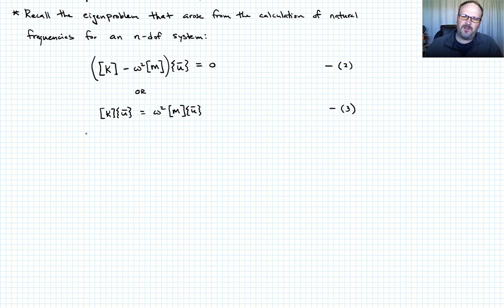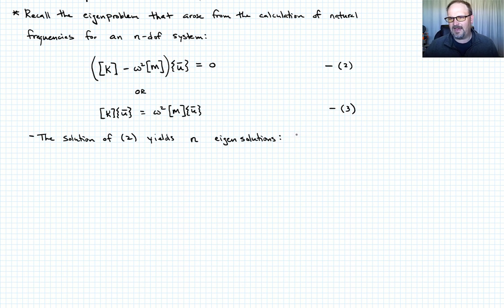If we were to solve this, and I'm not going to talk about how to solve the eigenvalue problem, that's a topic for a different course, what are we going to get? For an n degree of freedom system, we should end up with n eigensolutions. Those solutions will be eigenvalue, eigenvector pairs.